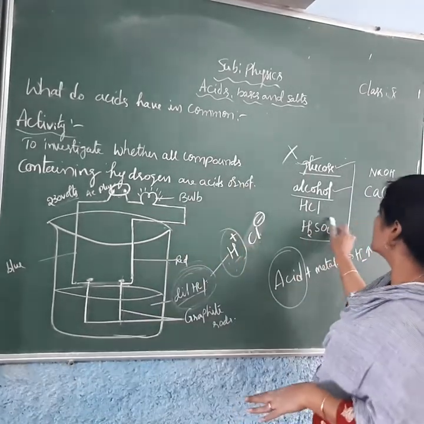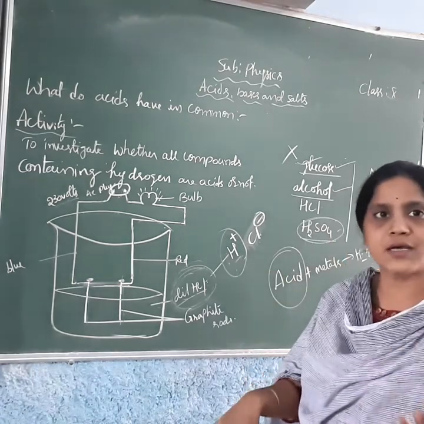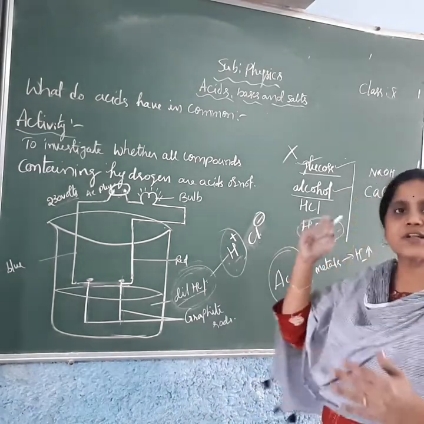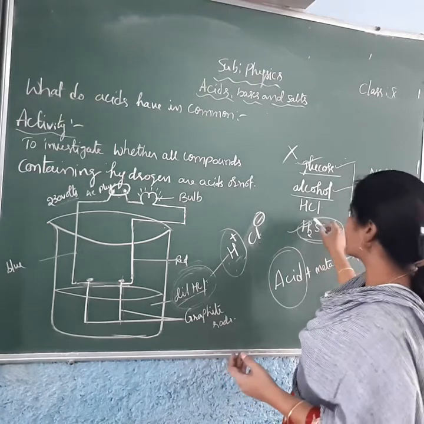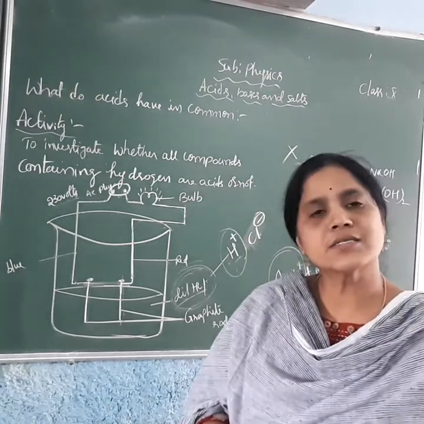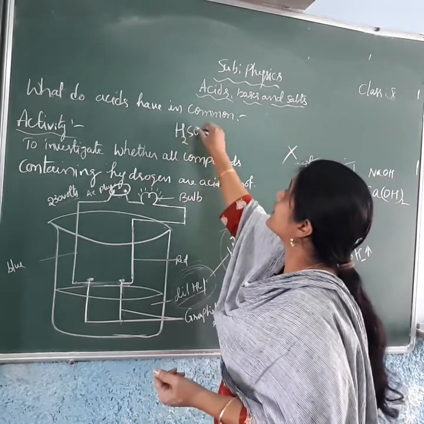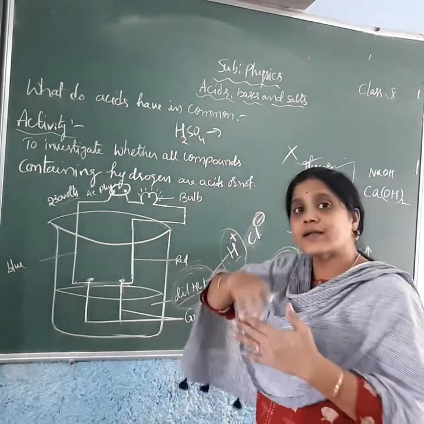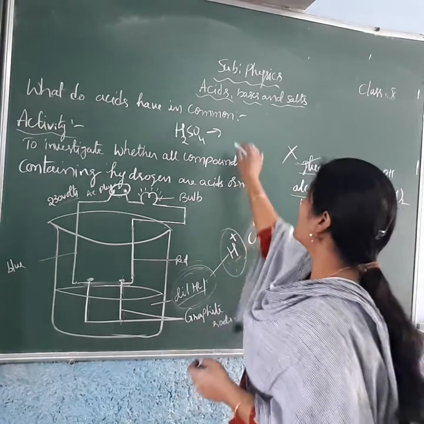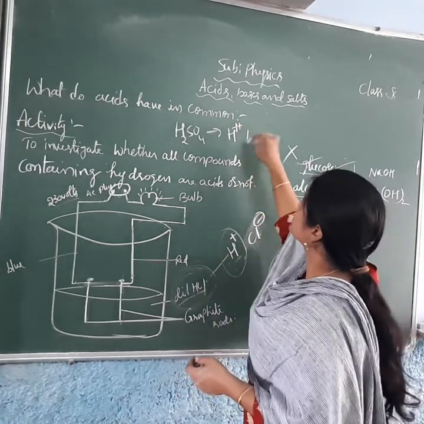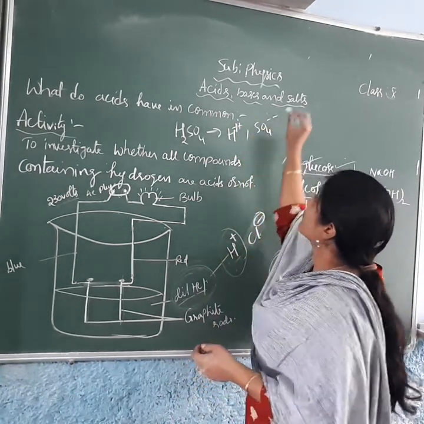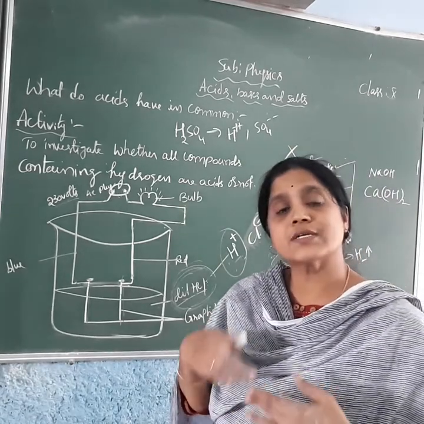Now you take sulfuric acid and once again you check. In this case, the bulb glows. Why does the bulb glow? Because sulfuric acid, H2SO4, again splits into ions. It splits into H plus and SO4 minus, anions and cations.